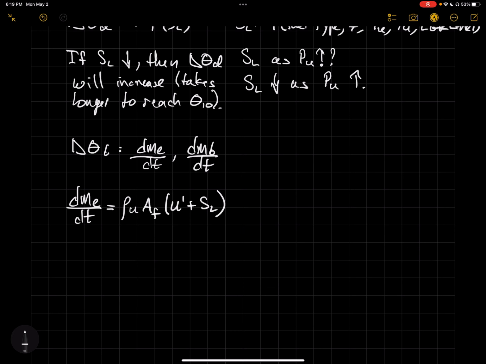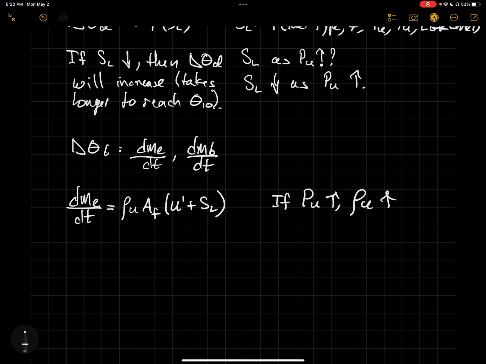Okay, so if the pressure increases, certainly the density will increase. Right? We've held temperature constant, and so consequently, my unburned gas density will certainly increase as I increase my pressure.